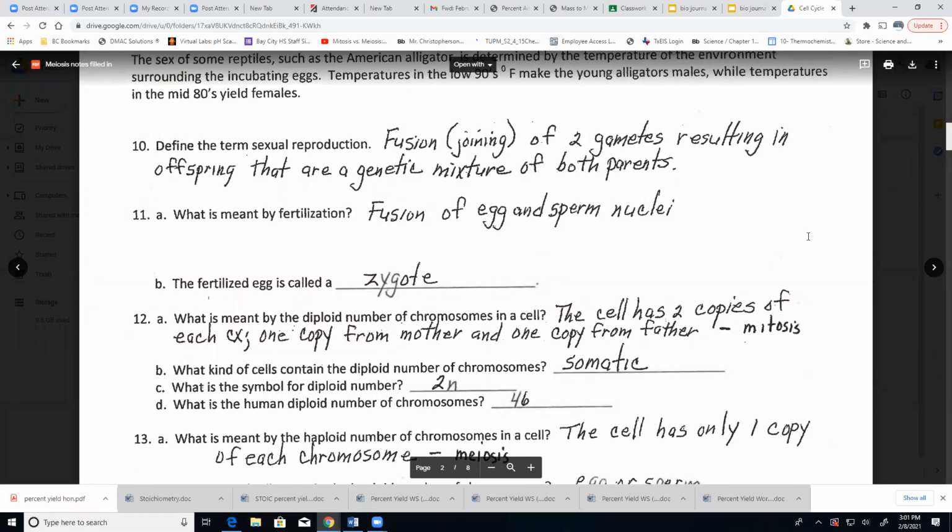So during sexual reproduction, which is what humans go through, which is by far the most common type, you have the joining of two gametes, and that results in genetic material that is mixed, and it comes from each parent.